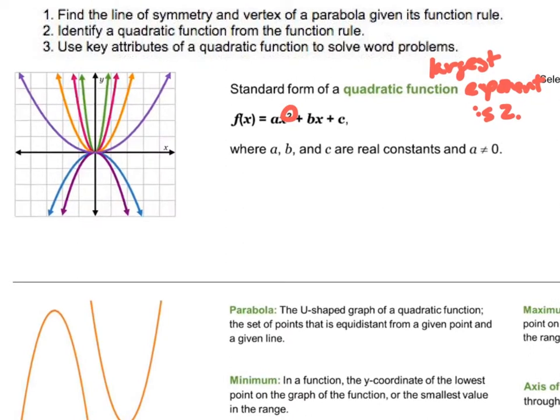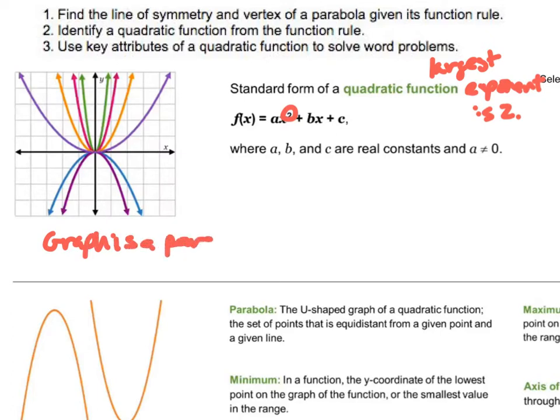If you see a function and you see that you have an exponent of 2, you know it's quadratic. The graph of a quadratic function is a parabola, and that's something we'll talk about quite a bit.